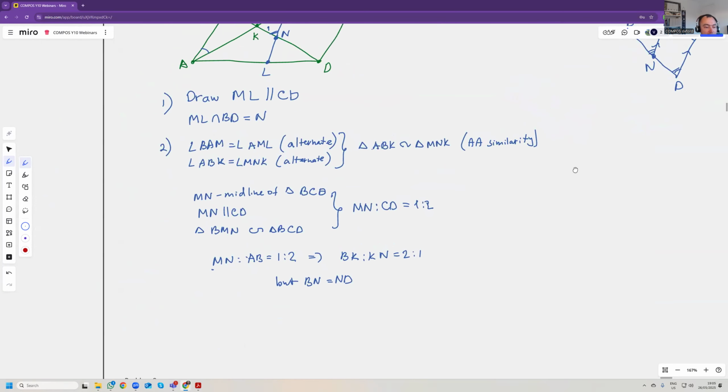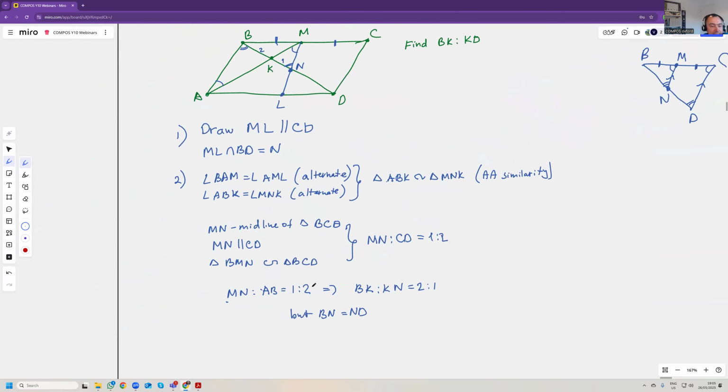Okay. BN is equal to ND, and therefore the ratio of, well, if this is 2, this is 1, so that would be 3.